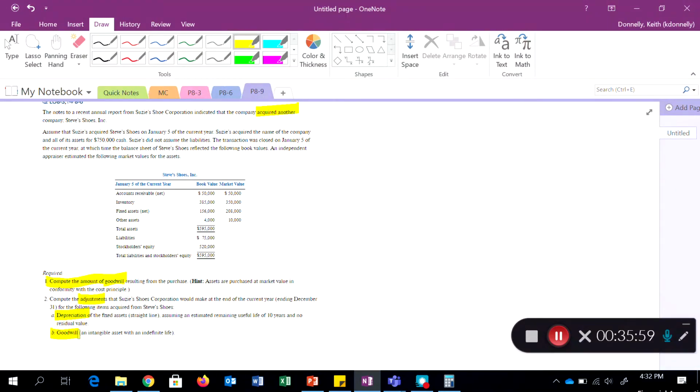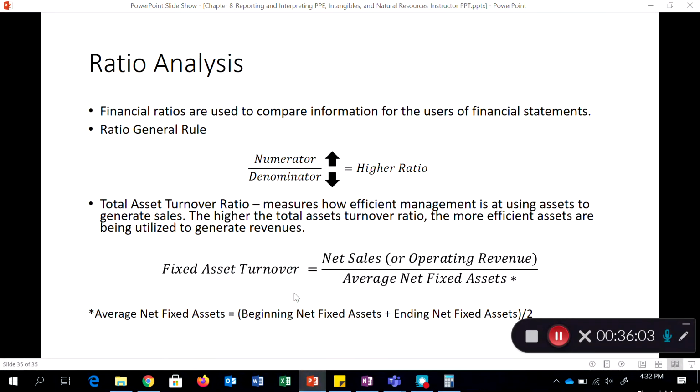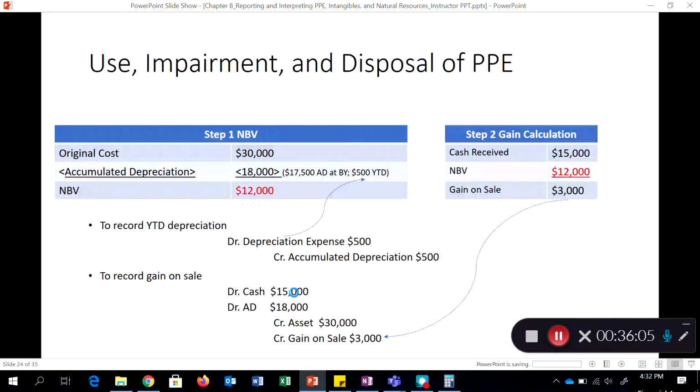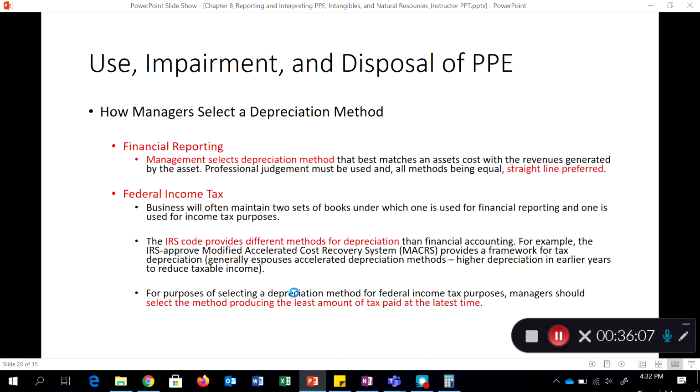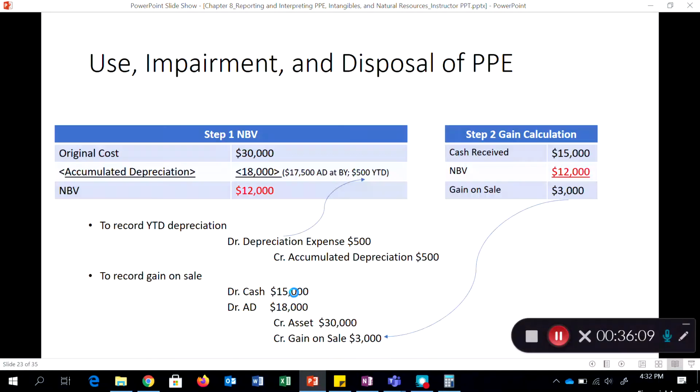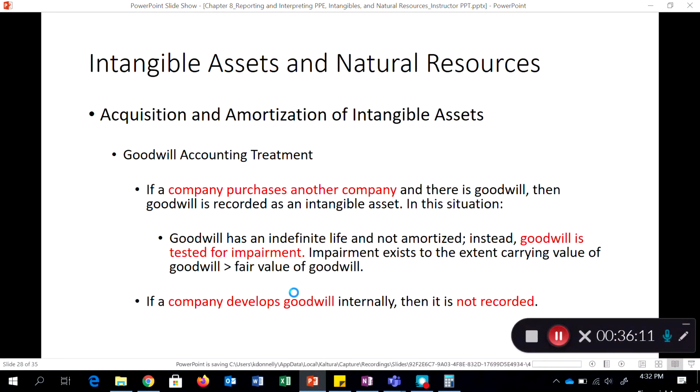First off, how to tie this back into the PowerPoint. We're talking about this slide right here where company A purchases company B. That's how we calculate the goodwill.